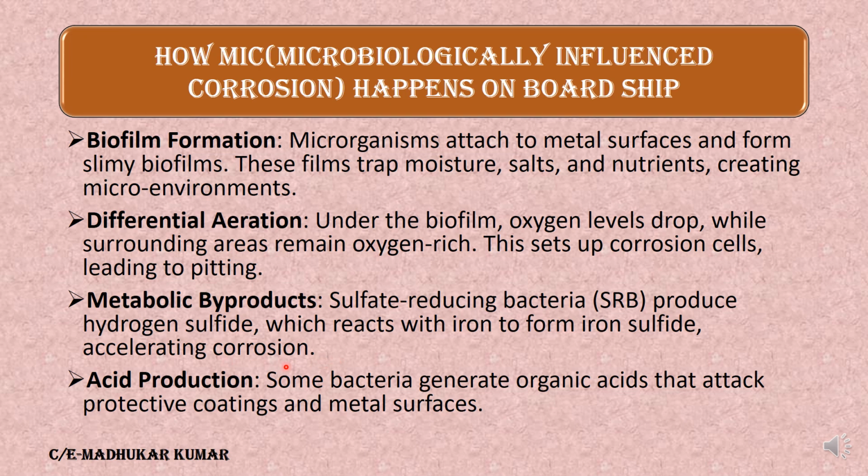This is localized corrosion, which we have seen earlier. Then acid production: some bacteria generate organic acids, and that is going to do a localized attack on protective coatings and other metal surfaces. So that's how they are doing the corrosion on board.